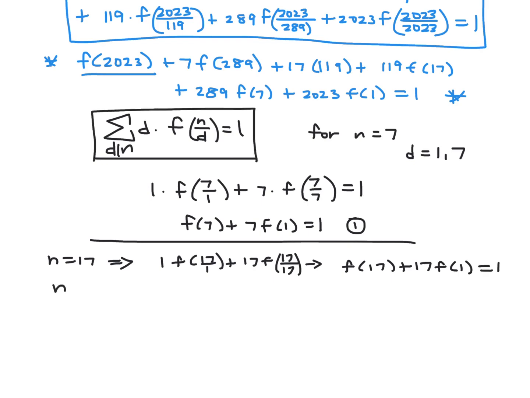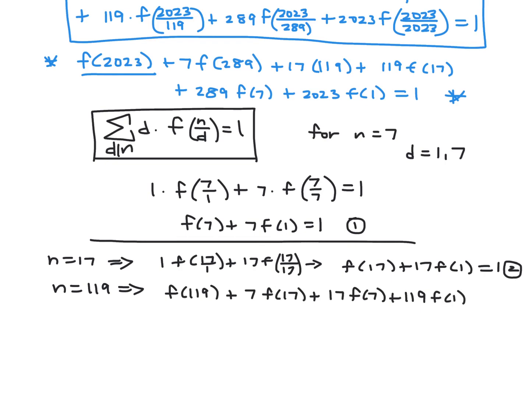And then for n equals 119, we call this equation 2. And that's going to be f at 119 plus 7 times f at 17 plus 17 times f at 7 plus 119 times f at 1. And that equals 1.